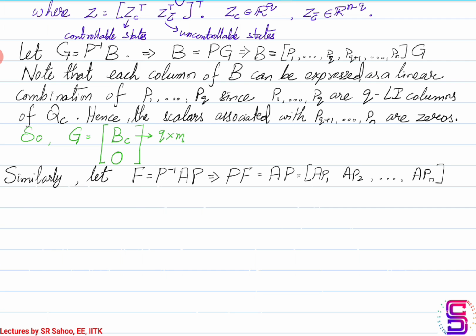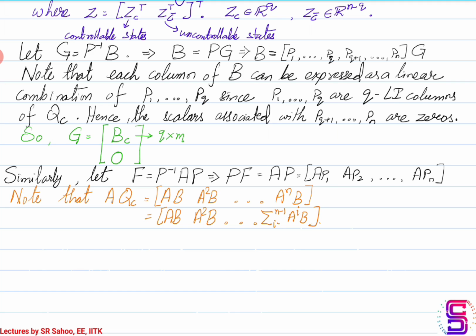Now notice that A acting on QC, where QC is the controllability matrix B, AB, A squared B till A^(n-1) B, gives AB, A squared B till A^n B, where A^n can be expressed as a linear combination of A power 0, A power 1 till A power n minus 1.